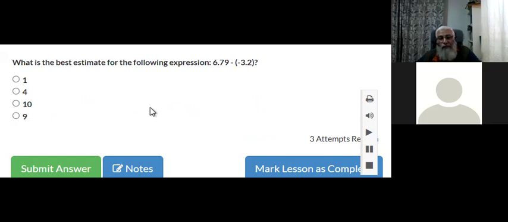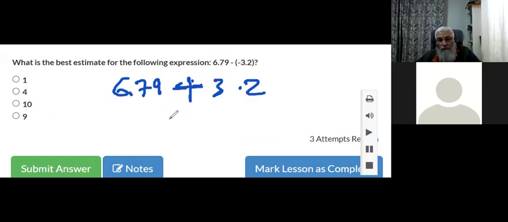Read. What is the best estimate for the following expressions? 6.79 minus. What does minus mean? Add. So this is plus 3.2. Yes. 6.79 is approximately what number?